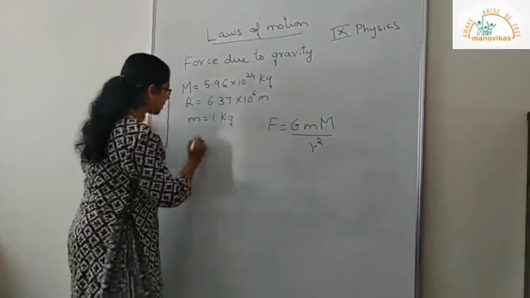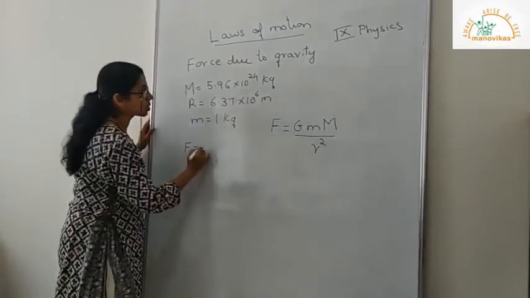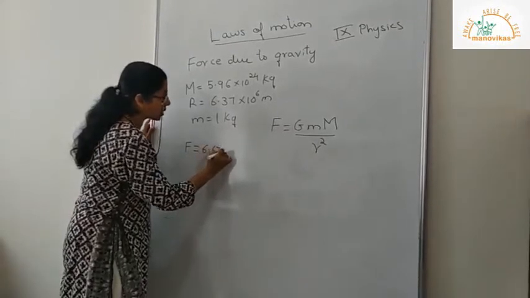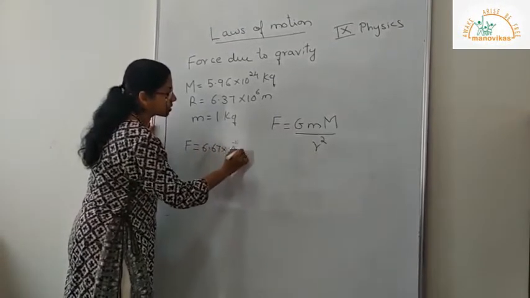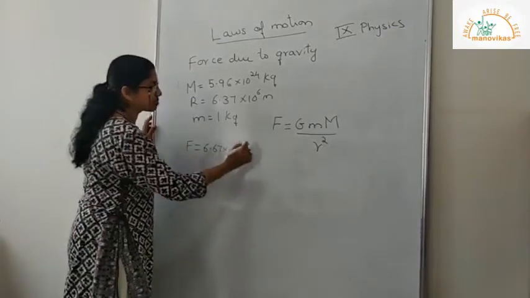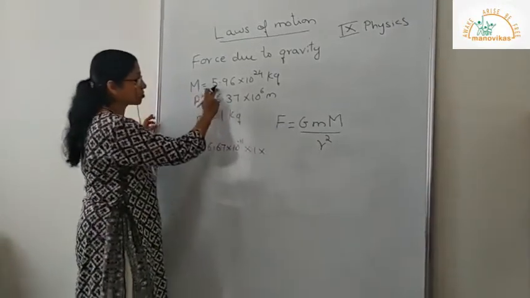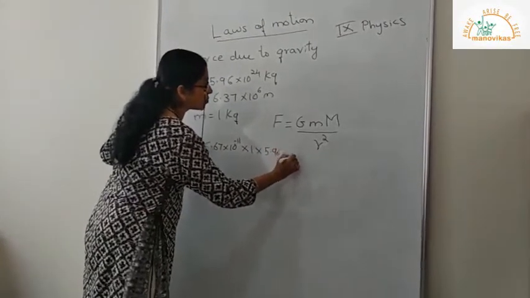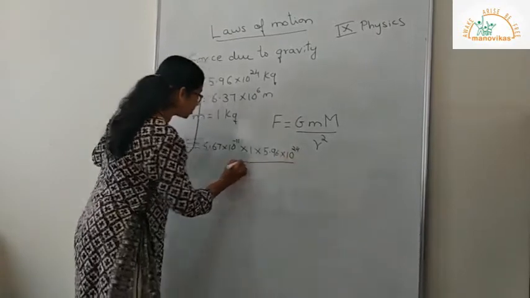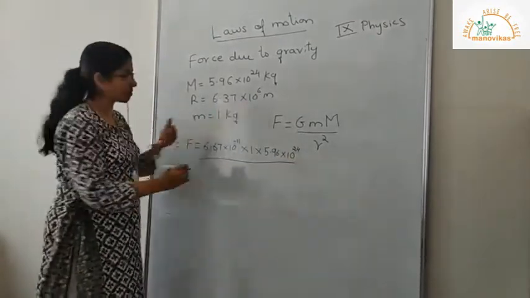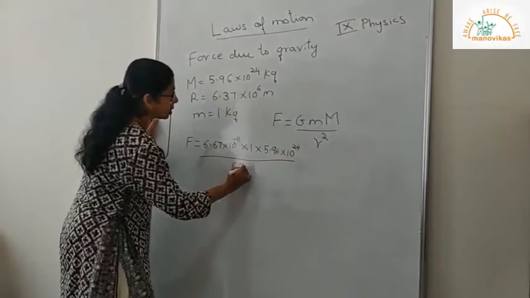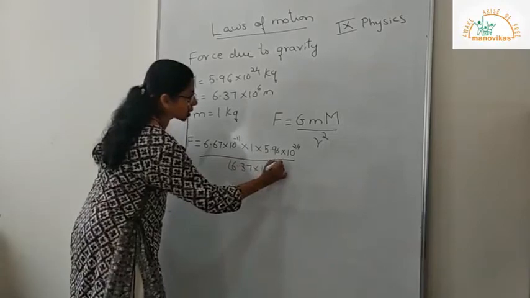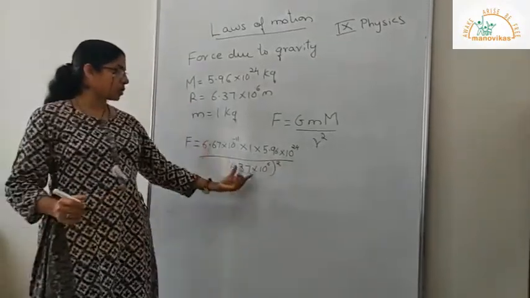Right? So when you substitute the values, you get F is equal to the value of G, 6.67 × 10^-11, multiplied by small m, which is 1, multiplied by the mass of the Earth, 5.96 × 10^24, divided by the square of the radius, (6.37 × 10^6)^2.